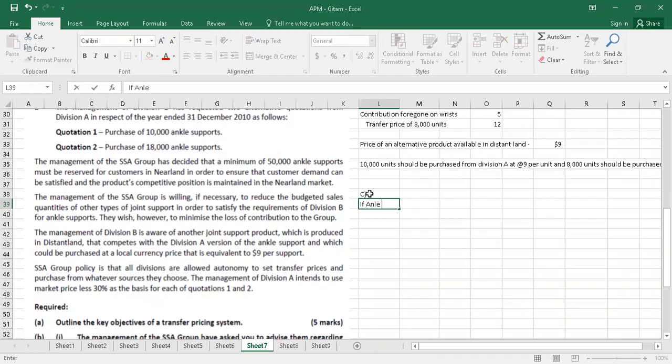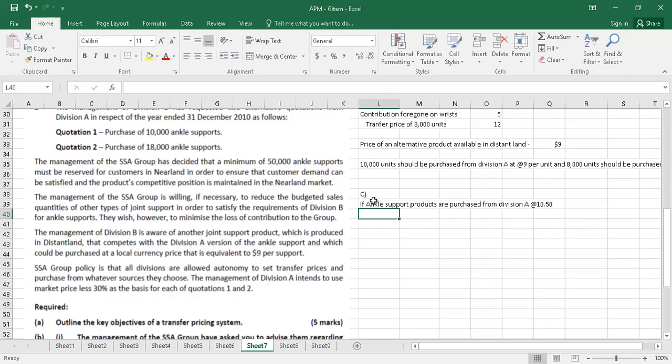If ankle support is bought from division A at 10.5, because A does not want to reduce anything beyond 10.5.